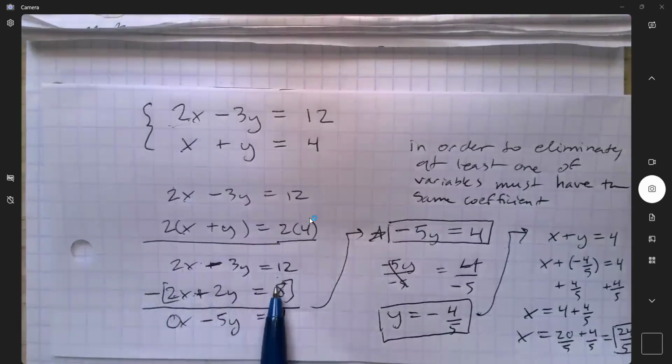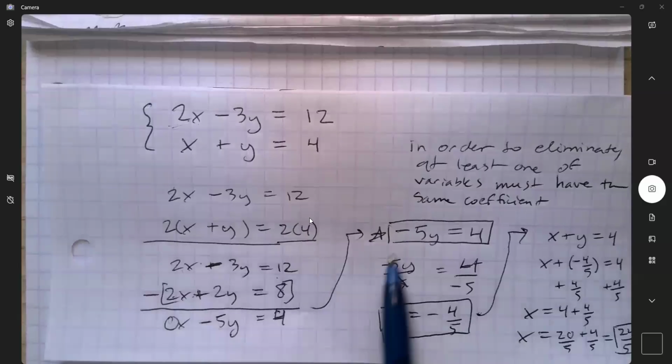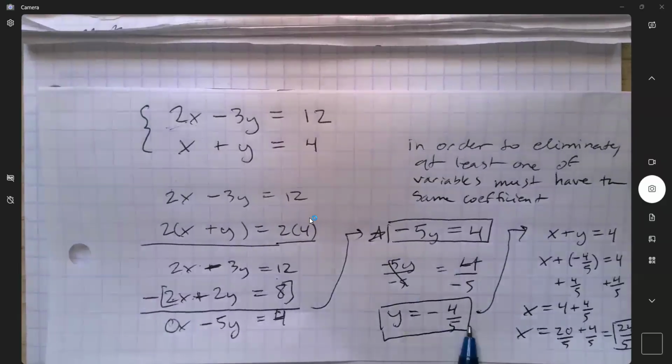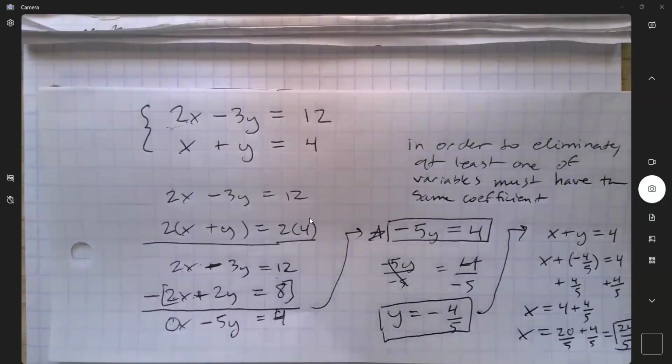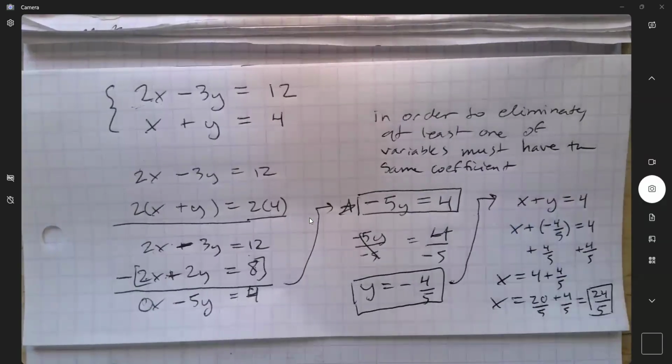And then you can subtract one equation from the other, which will eliminate one of those variables, solve for the other variable, and use that information to solve for the last missing variable. And then you should check your answers.